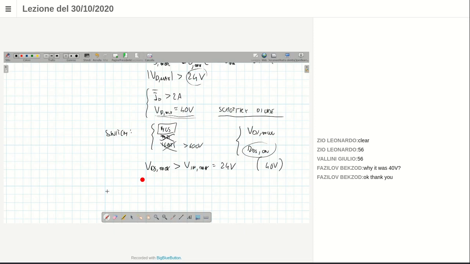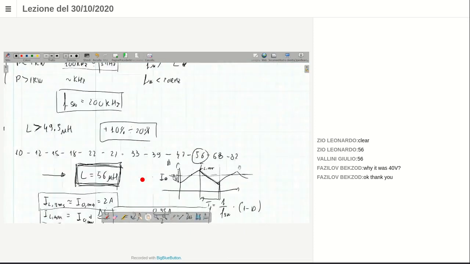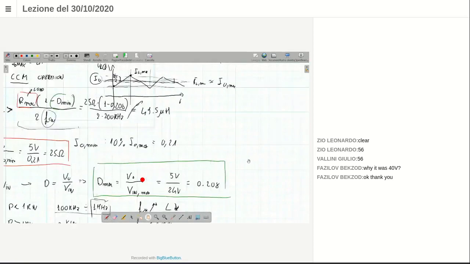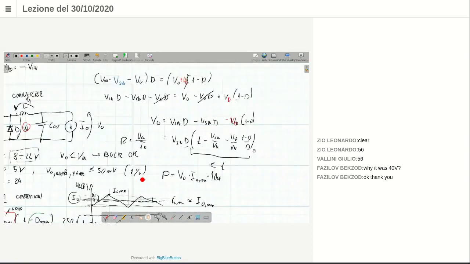The choice of the on resistance is related to the fact that the on voltage of the switch, of course, is the current which flows through the switch times RDS on. We can consider the discussion that we have presented here.